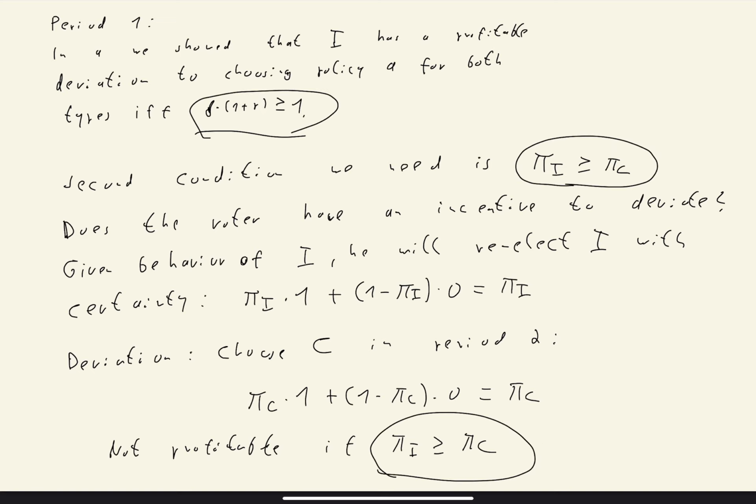So now we basically have two conditions. A pooling equilibrium exists if delta times 1 plus r is larger than 1.